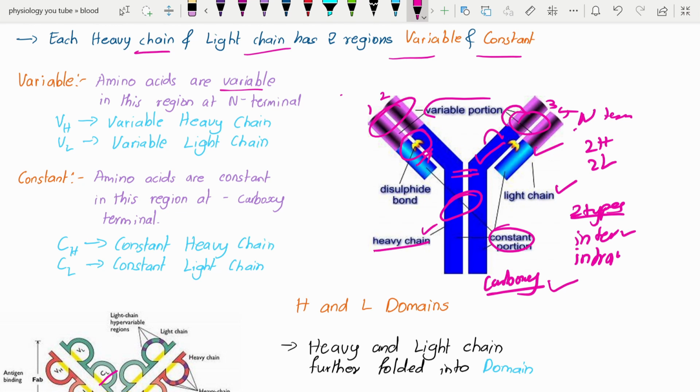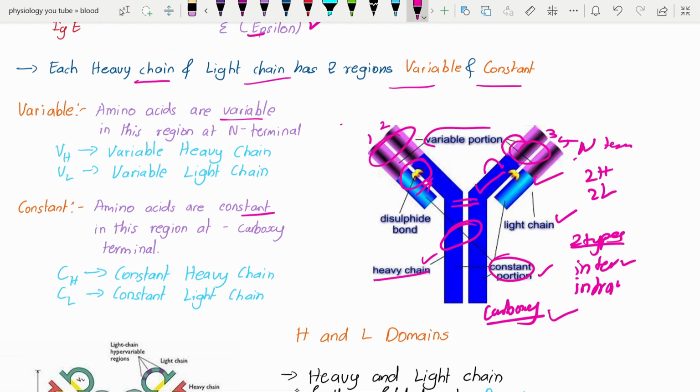The constant region has constant amino acids, while the variable region has variable amino acids. As you know, this variable region binds to the antigens. The antigens are of different types, so to fit the antigen, we need different types of amino acids. The same type of amino acids won't work.